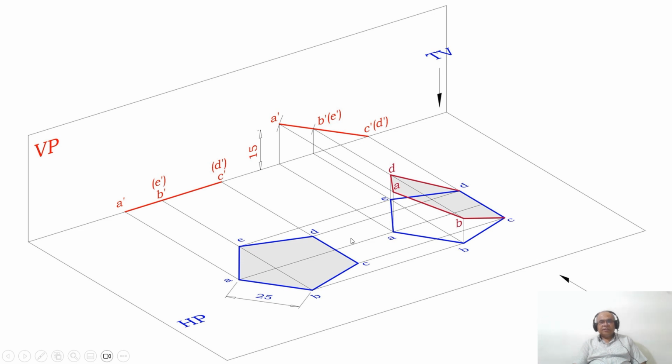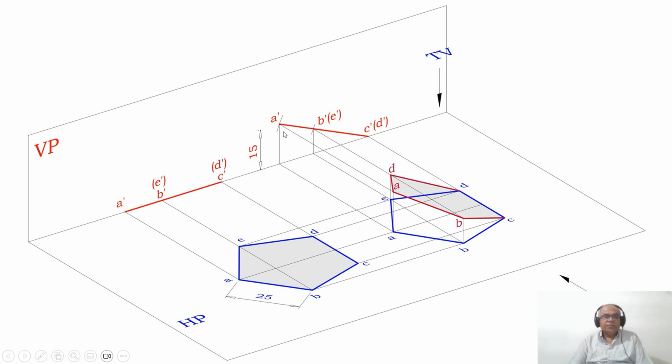So that means you are rotating this first position top view such that A is above HP by 15 mm, whereas CD is on HP. So when you are rotating this in space, what happens to the front view position? The front view position is rotated by a certain angle such that corner A dash is above HP by 15 mm.